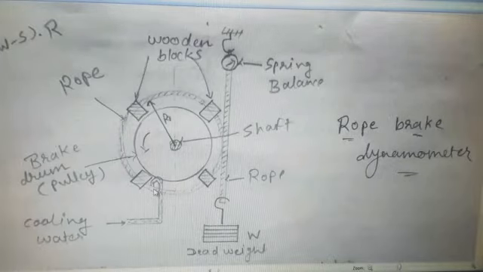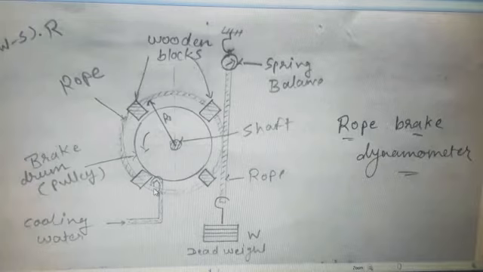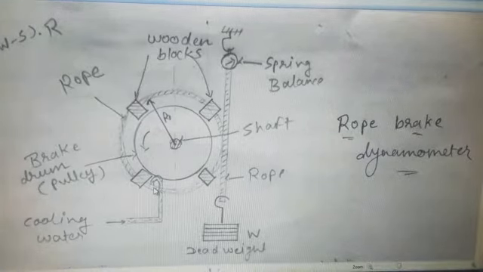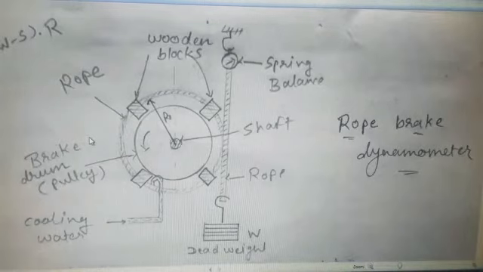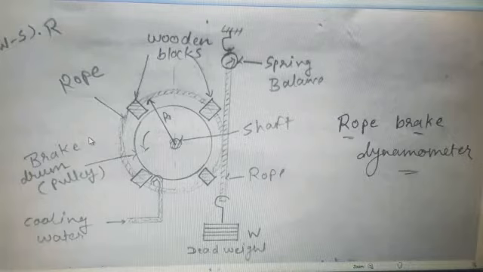These dynamometers are commonly used for the absorption of a wider range of power. So this type of dynamometer is also known as an absorption type dynamometer, as discussed earlier for the Prony brake dynamometer. Clear, students? Now let's move forward to the working of this dynamometer. The shaft would be stopped in order to measure its power.